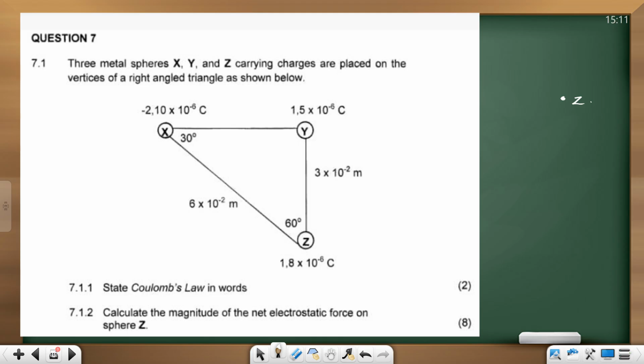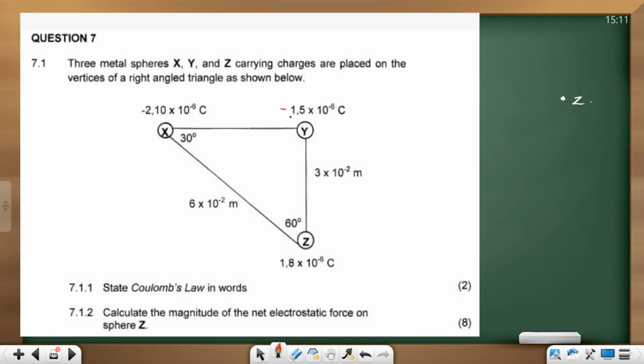There must be something about Y and Z. If you are here, you can try to recheck and let me know.